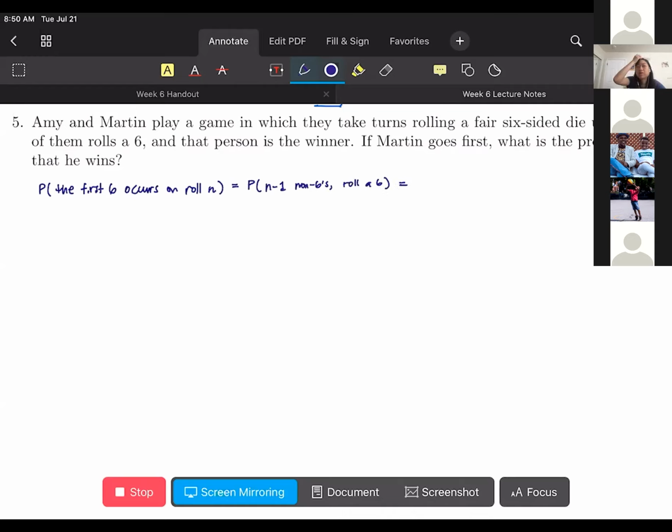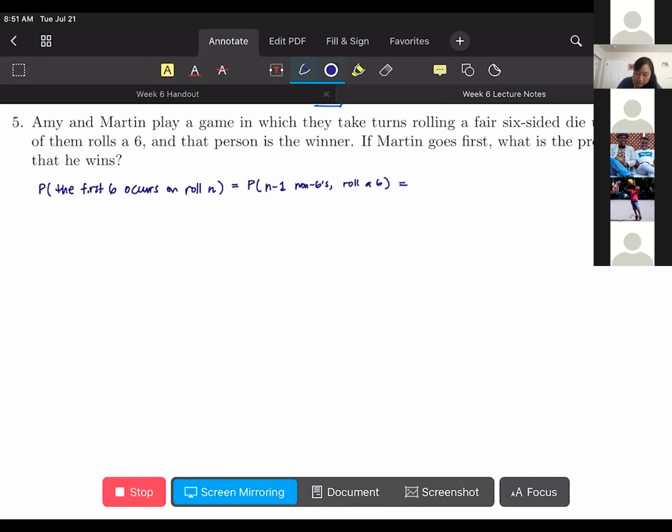So what's that probability? What's the probability that we roll not a 6? Yeah, it's 5 out of 6.